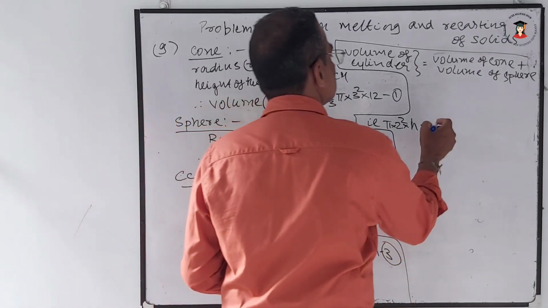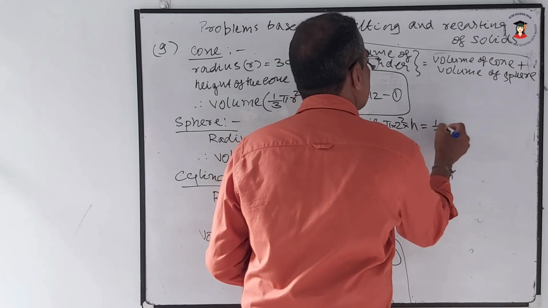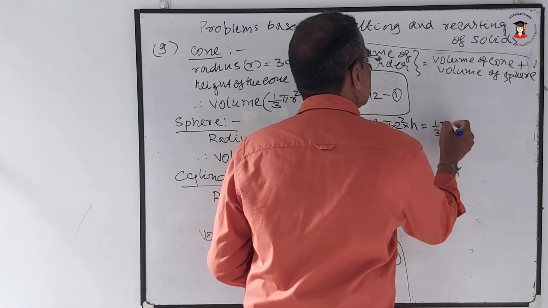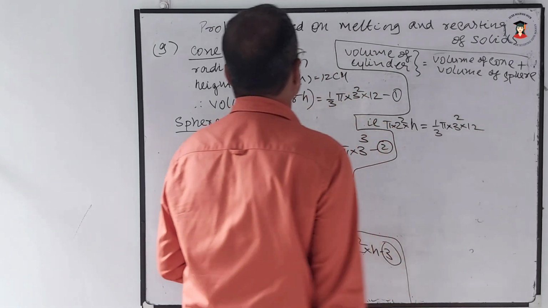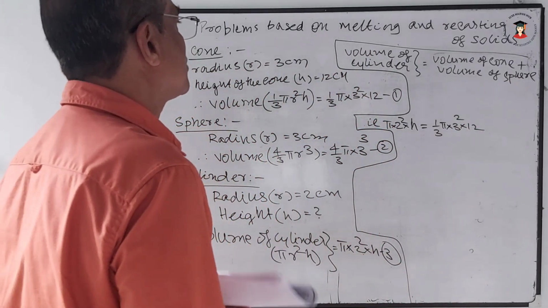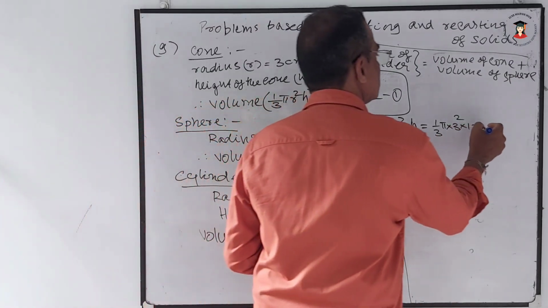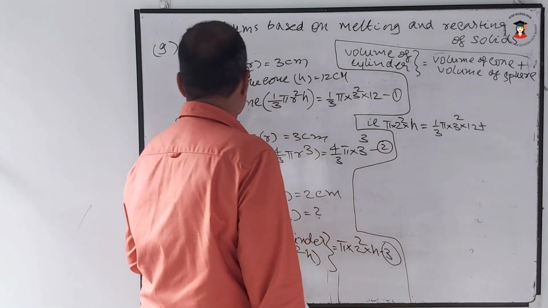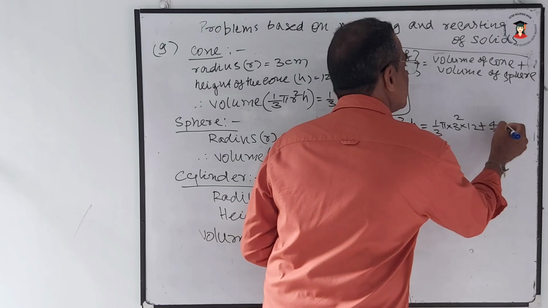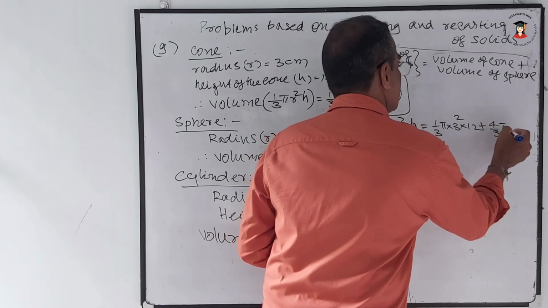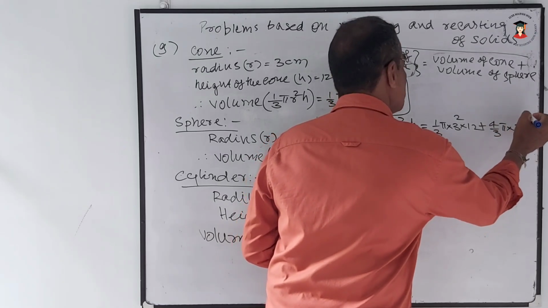Volume of cone is 1 by 3 pi into 3 square into 12. That is the volume of the cone. Plus volume of sphere, that is 4 by 3 pi into 3 cube.